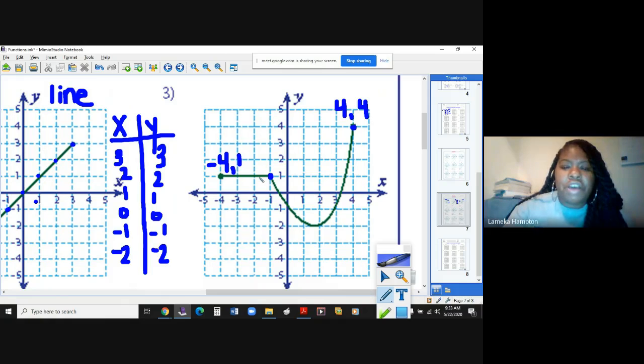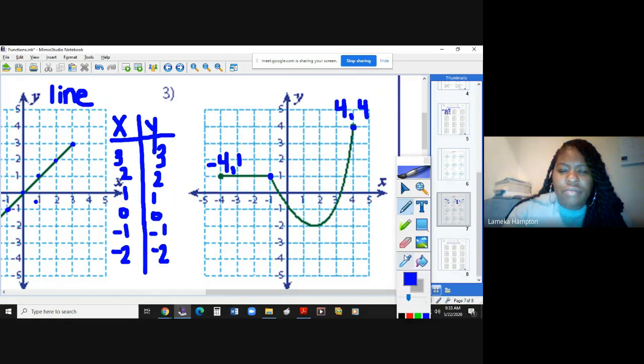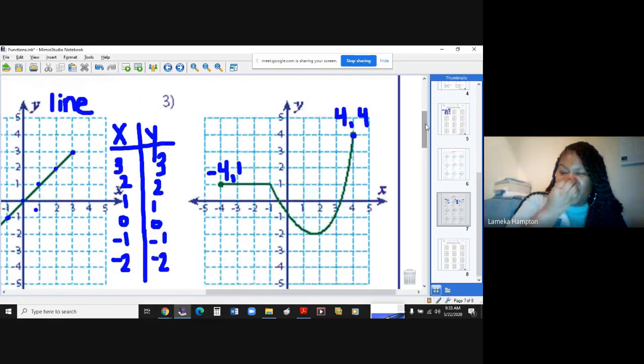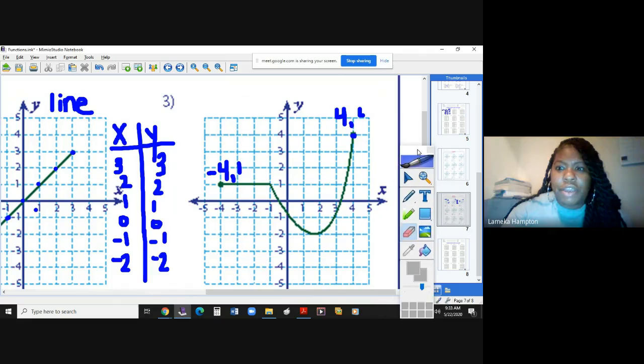So this would be a function because of that, okay? So again, we're not going to treat that as such, but nonetheless, it is still a function. And it is a function because I am only looking at the 2 points that were given to me. Okay. Wow, I didn't see that I erased that. Sorry. All right.